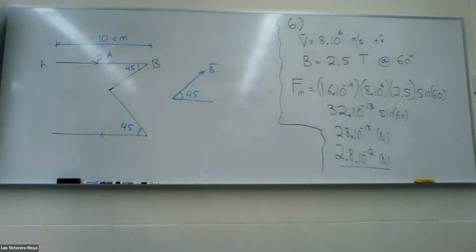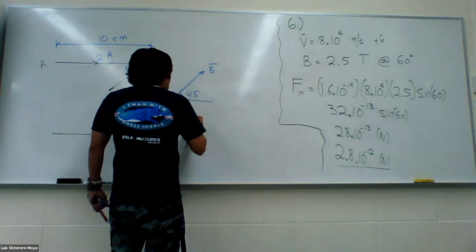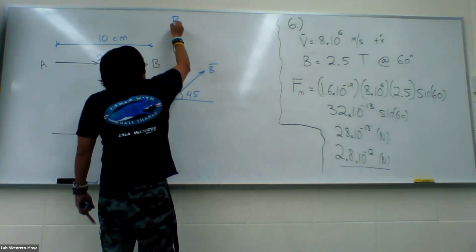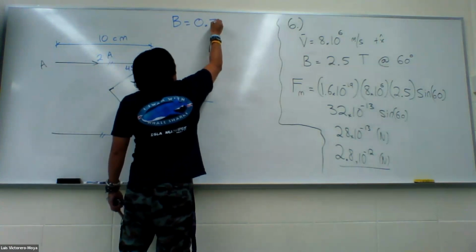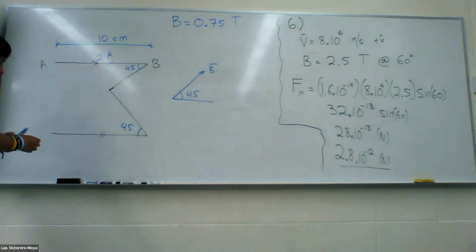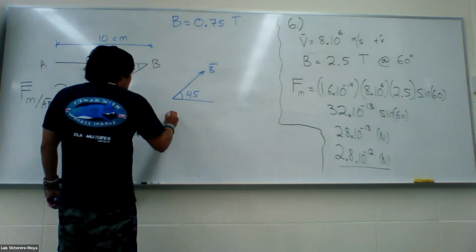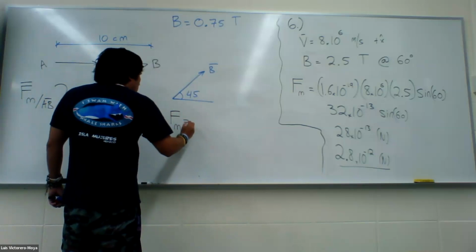Like that. And the field is 0.75 Teslas. So find the force acting on AB. So what's the magnitude and direction at AB, segment AB?